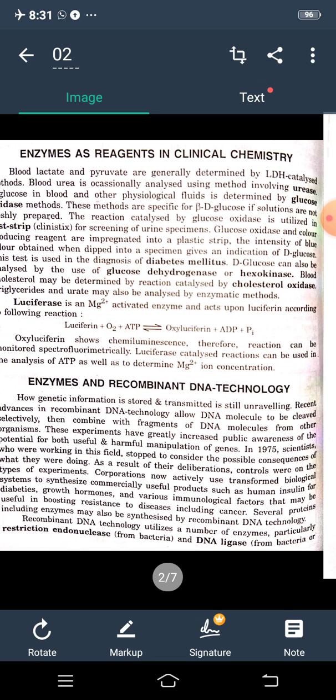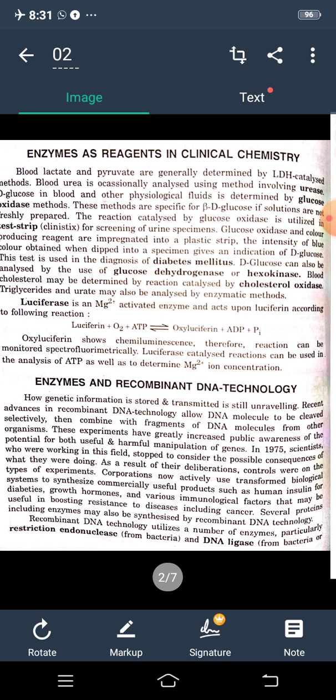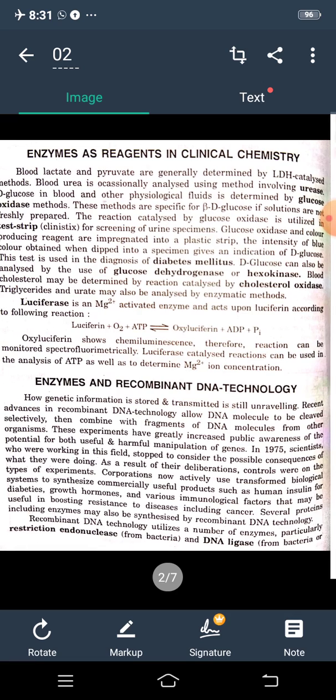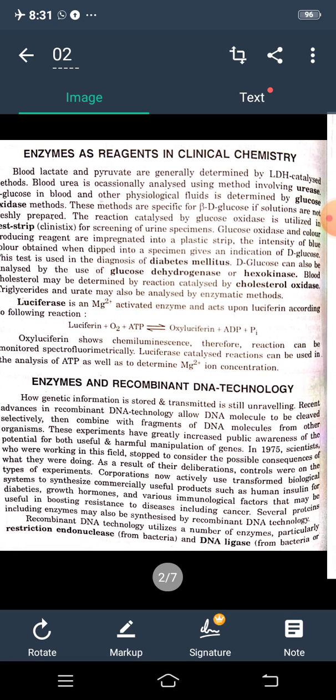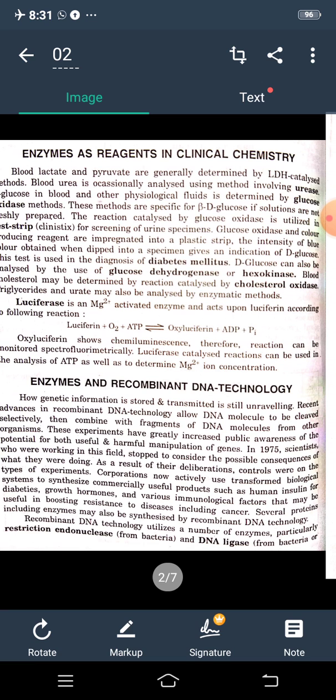In 1975, scientists who were working in this field stopped to consider the possible consequences of what they were doing. As a result of their deliberations, controls were placed on the types of experiments.